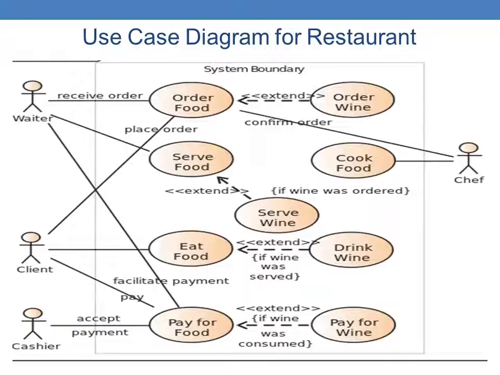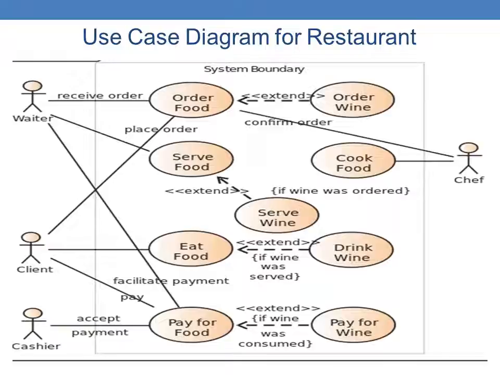Next one is the use case diagram for a restaurant. With the restaurant concept, they can develop a use case diagram. For example, waiter, client, cashier, chef. These are four users, four actors available here.